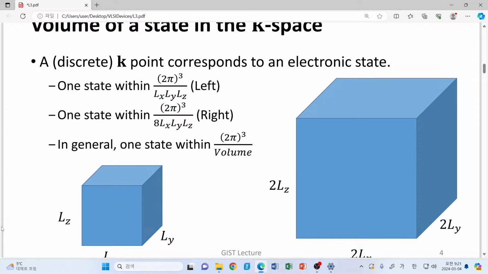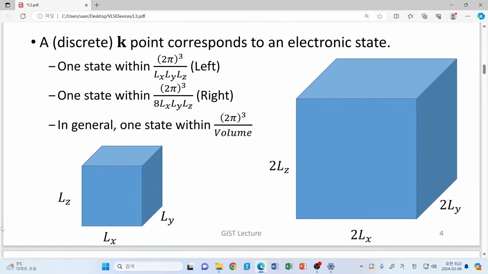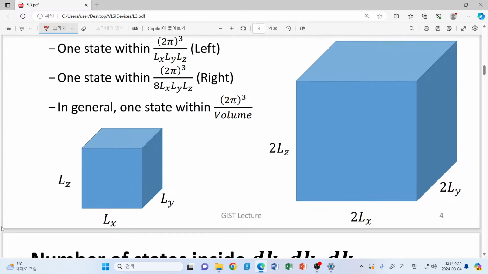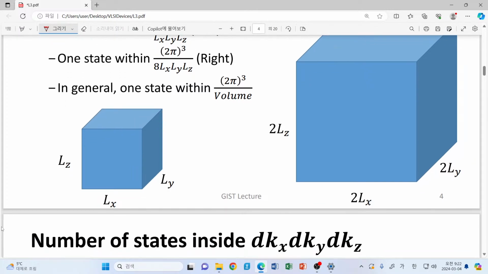Now let's think about these two different systems. Here we have two different cuboids, 1 and 2, with length scales Lx, Ly, Lz.